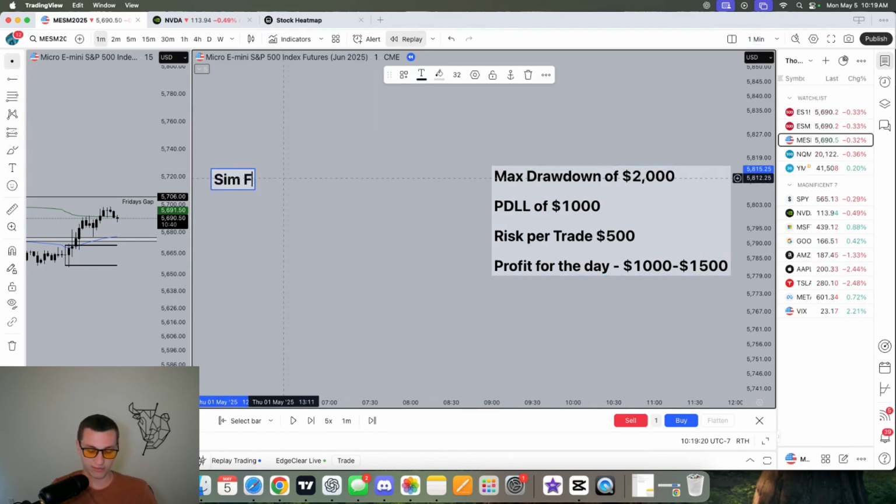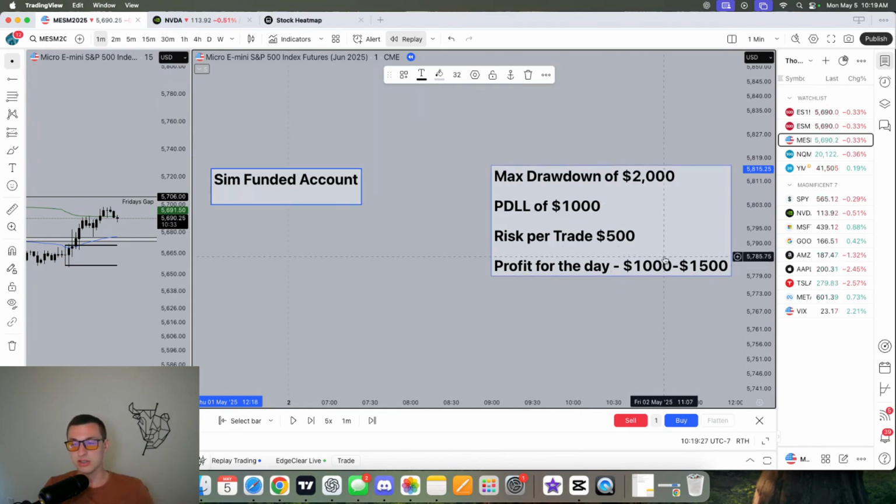Now, for a sim funded account, here's what I recommend. You don't have a profit target, and you're either going to make the payout in 2 to 3 days if you stay consistent. Now, with the sim funded account, you have a consistency rule, a 20% consistency rule.